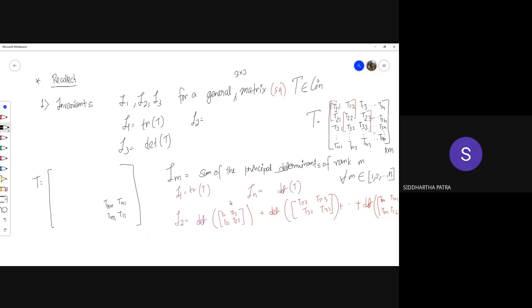So when you have I3, let's say, you'll have to circle back with this T22. Sorry, this one is T1n. It is supposed to be T1n. Then T2n. Then if you have to do I3 for T, then it would be 1n, 11, then 12, then 21, then 22.